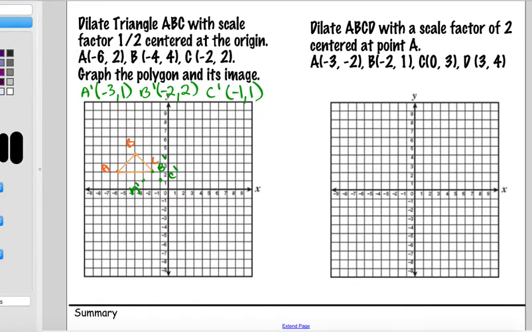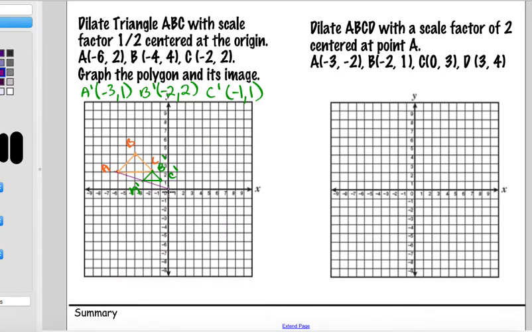And then we'll connect them. Get a nice green. It's a pretty small triangle. Now, if you want to see how we can tell where it's centered, you can connect the origin, the old and the new on the same line.